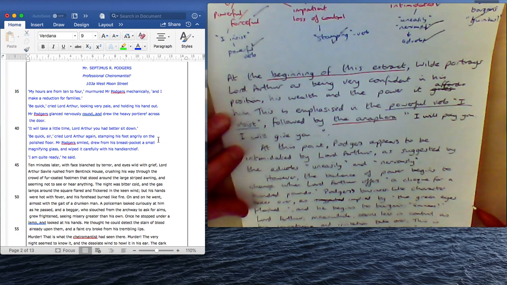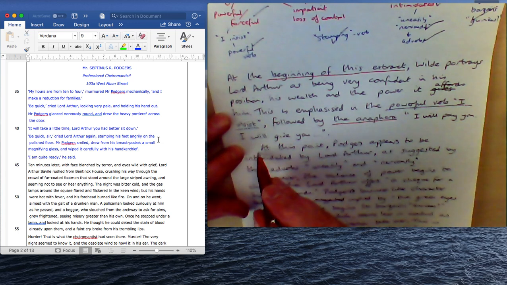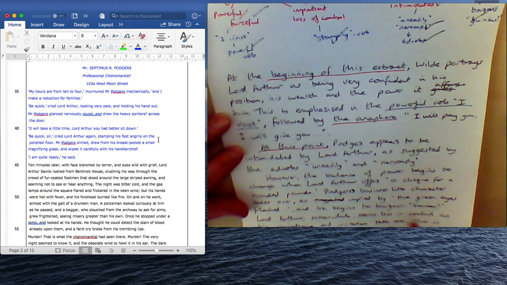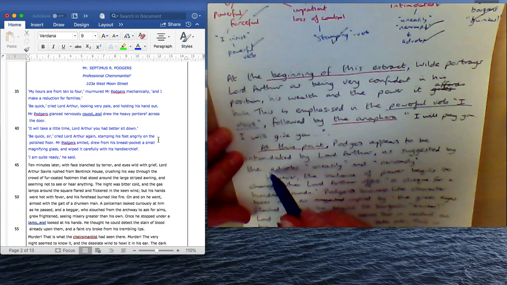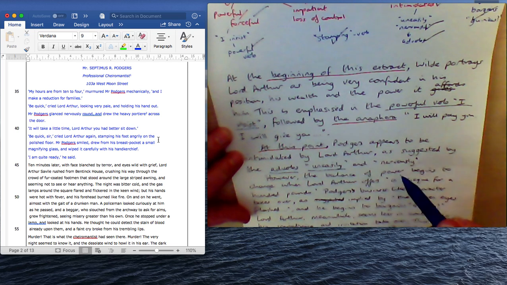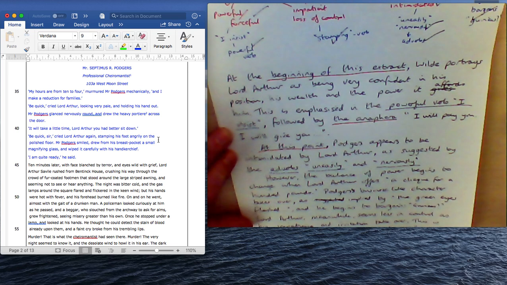At this point, so again, we're locating an idea in terms of the structure at this point in the text, Podgers appears to be intimidated by Lord Arthur, as suggested by the adverbs, so there's our language analysis, with quotation, "uneasily" and "nervously."